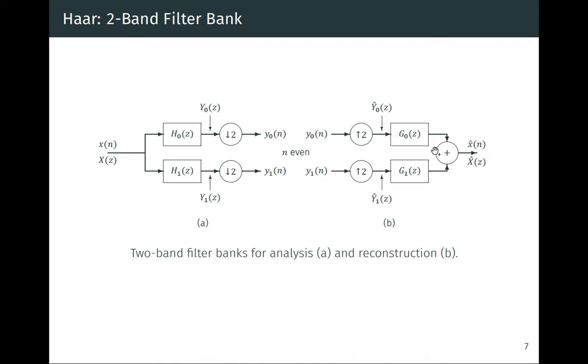The question is, what can we do? We know from the Haar transform that when you start with X, you encode and decode, you get back on your feet. But can we define any kind of filters H0, H1, G0, G1? Are there any constraints or conditions on these filters that will make it work or not work?